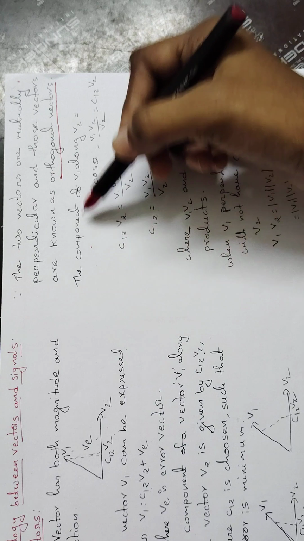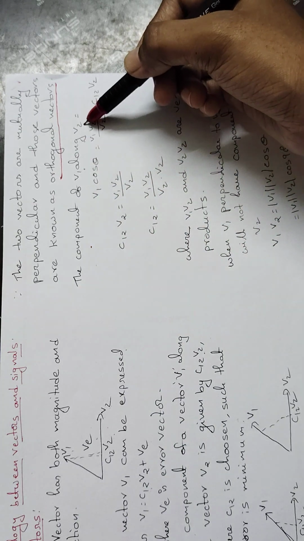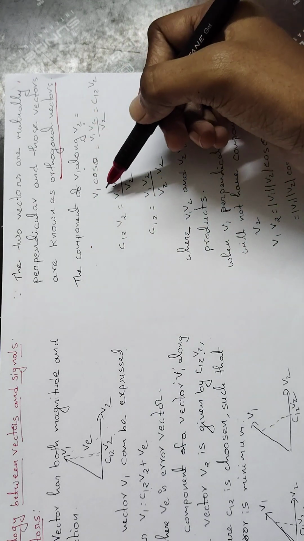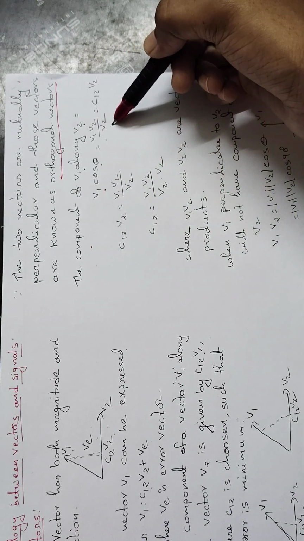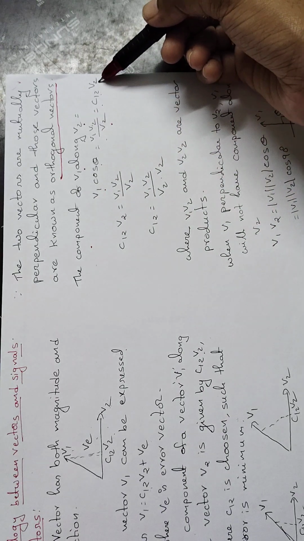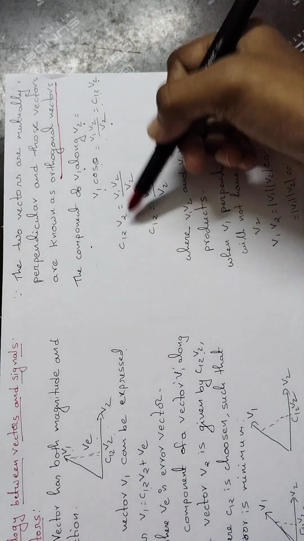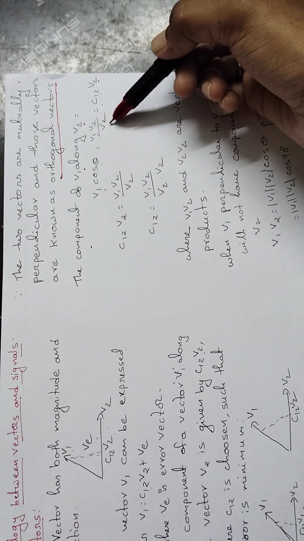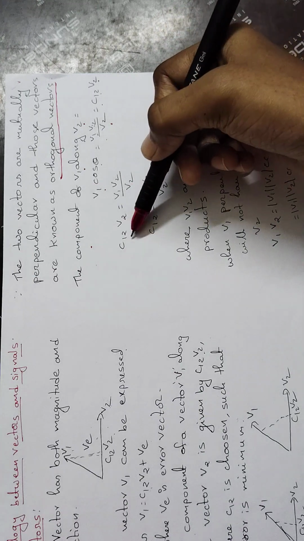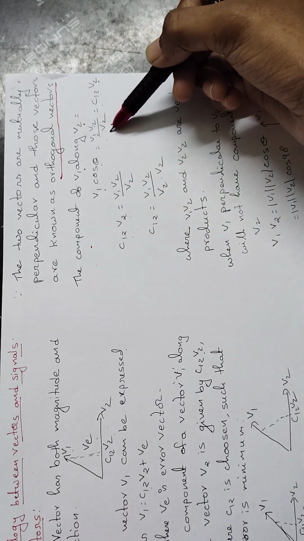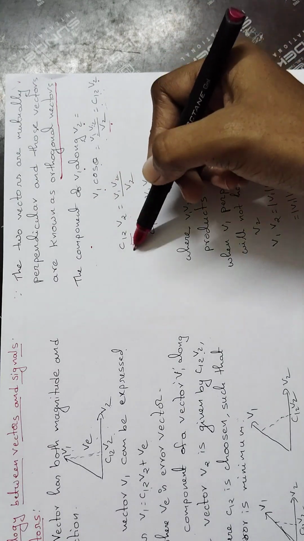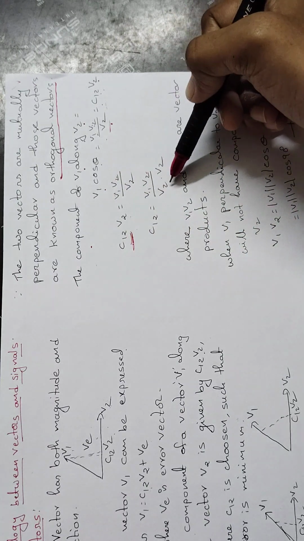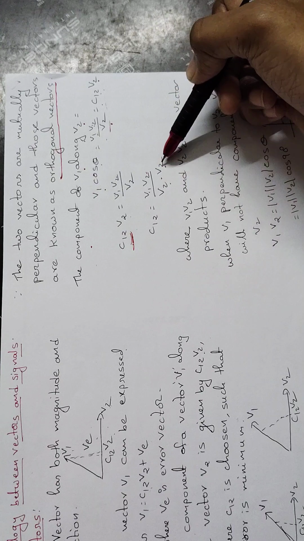Here we have to write the component of v1 along v2 in dot product. That means v1 cos theta is equal to v1 dot v2 by the magnitude of v2, and that is equal to c12 v2. So c12 is equal to v1 dot v2 divided by v2 dot v2.